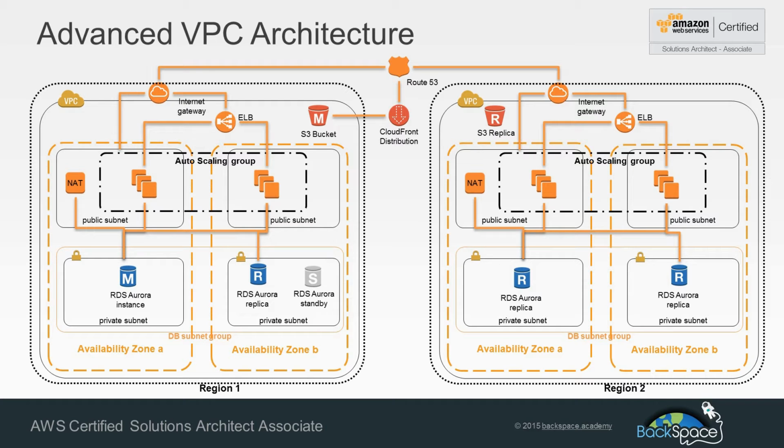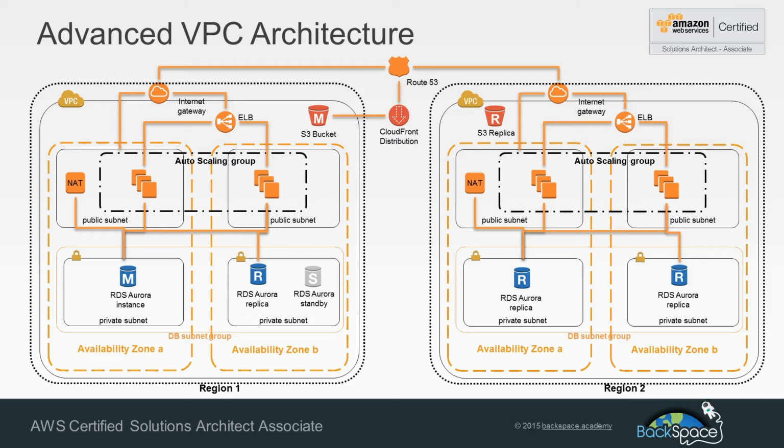So this architecture that we're going to create would serve as the building block for a much bigger architecture. For example, here we would use Amazon Route 53 to distribute our traffic across multiple copies of this architecture, depending on the geolocation of your end user.